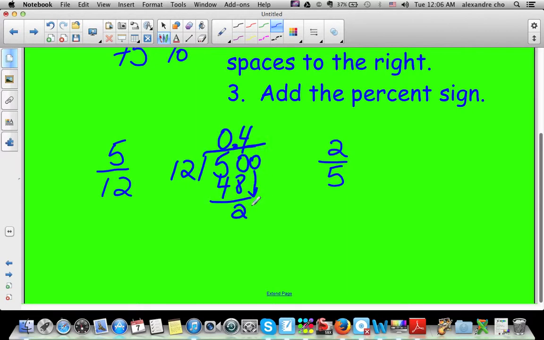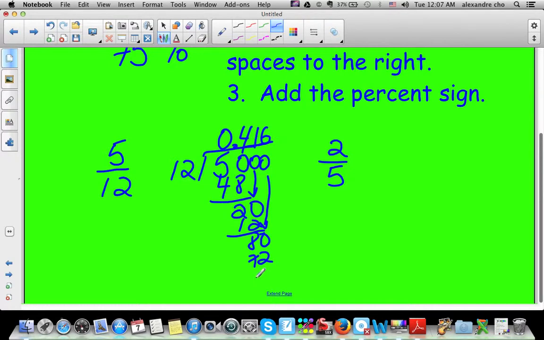I'm going to add another 0, see how far I can continue this. 12 goes into 20 about 1 time, which is 12. I have an 8 left over. Bring another 0 down. And 12 goes into 80 5 times? No, 6 times, which gives me 72.